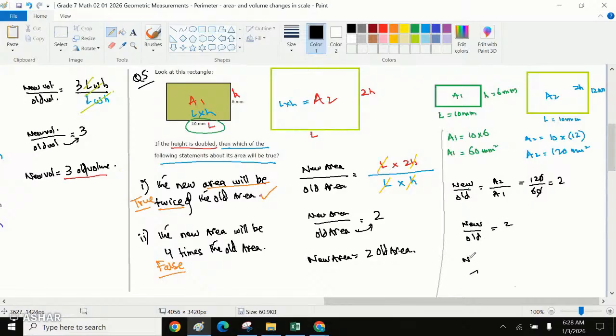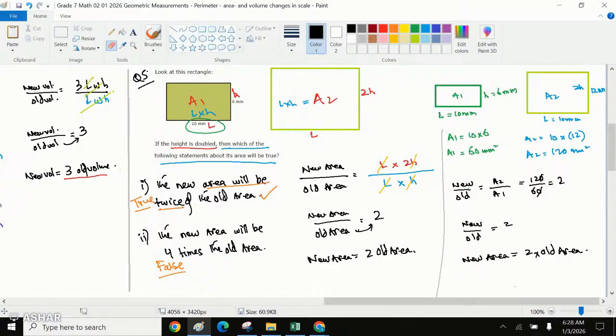When we cross multiply, we can say new area is twice of the old area. We could have done the same question by putting down the values, or we can simply do the question by assuming the variables length and height. Vice versa, we'll always get the same answer, whichever approach we use.